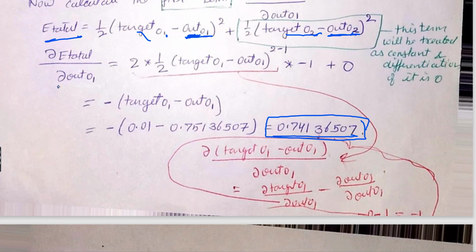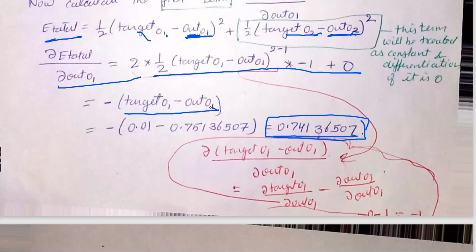You can do this differentiation yourself, it is clearly explained step by step. The value of this partial derivative of E total with respect to output O1 is 0.7413657.